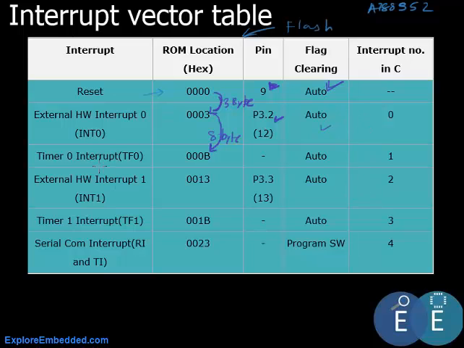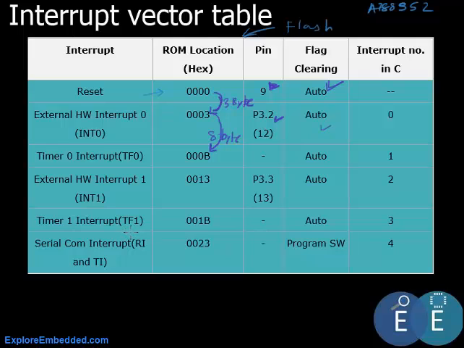The next interrupt is the timer 0 interrupt. As discussed earlier, whenever timer 0 overflows, this interrupt is executed and its address is 000B. Similarly, the address for external interrupt 1 is 13 and it occurs on pin 3.3.